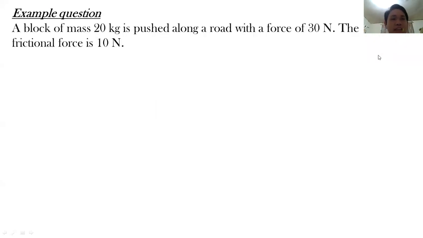So let's have an example. Applying the second law of motion, I want you to try it on your seats. A block of mass 20 kilograms is pushed along a road with a force of 30 Newton. The frictional force is 10 Newton.